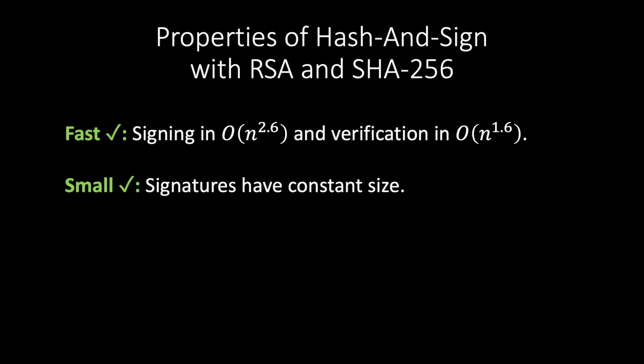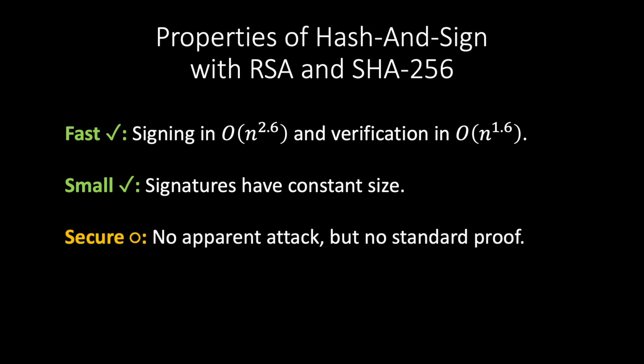Signatures are now constant size because messages are first hashed and thereby compressed. The security of the scheme is also improved because the application of the hash function destroys the multiplicative structure of the RSA function. However, so far security of the scheme could not be proven based on standard assumptions but only when viewing the hash function as an unrealistically perfect random object.